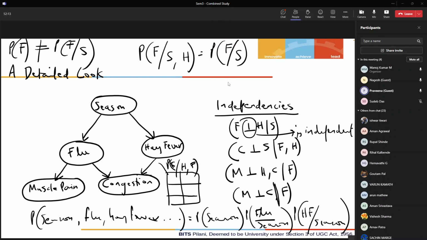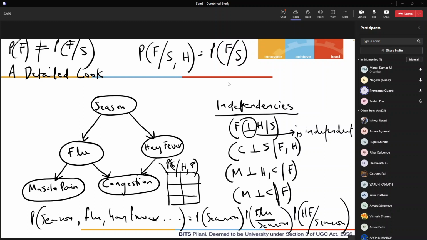Because the combinations of the features are so huge, for practical use cases it's not just 4 or 5 variables. So the reason for using a graph is to find the conditional independence, right?